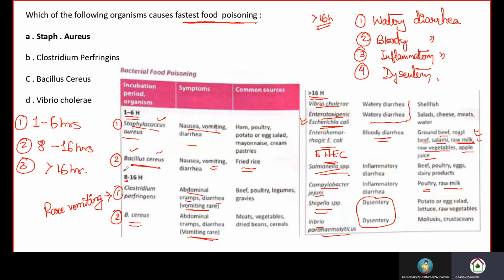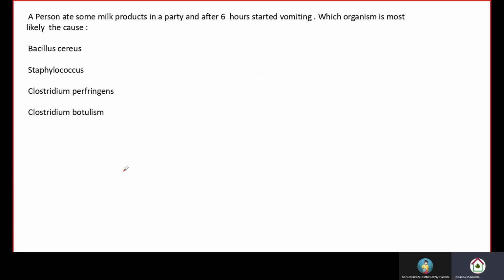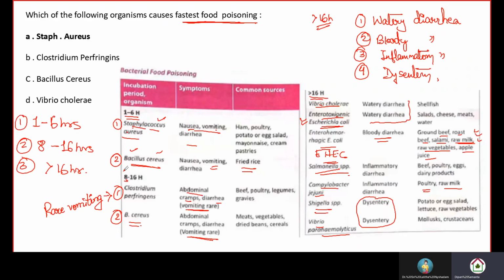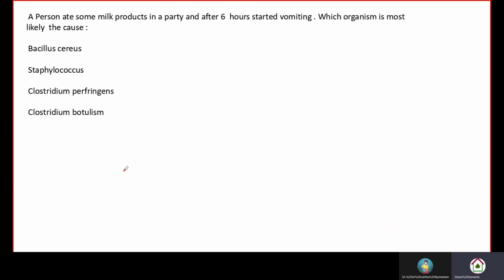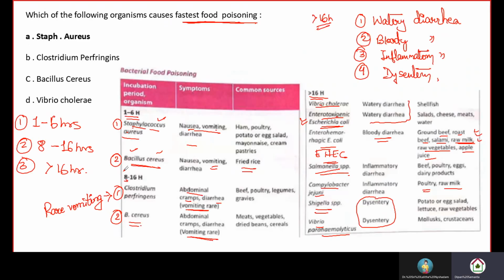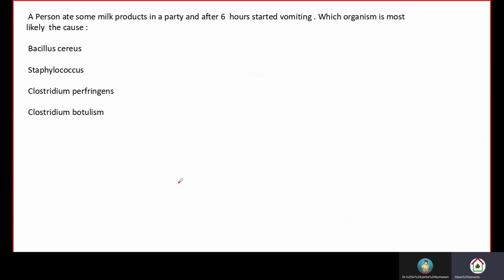So first of all, 6 hours with vomiting means either Staphylococcus aureus or Bacillus cereus, and Bacillus cereus is not in the option.